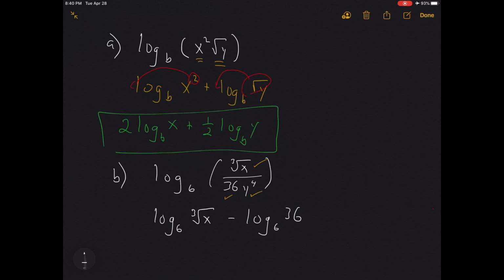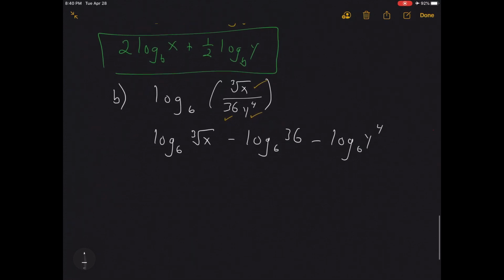Yes, the 36 and the y to the 4th are being multiplied together in the bottom, but they're both in the bottom, which means they are both being divided by the top one. Excuse me, the top one is being divided by the bottom one. So we're still going to subtract the second one. Anything in the bottom is going to get subtracted when we rewrite it as a log. So that'll be the log base 6 of y to the 4th.